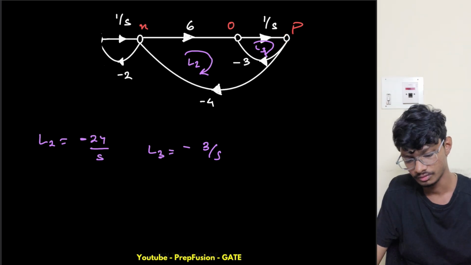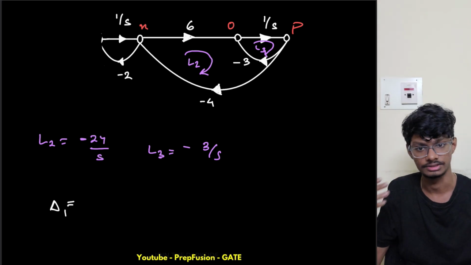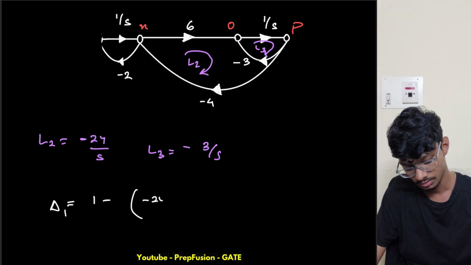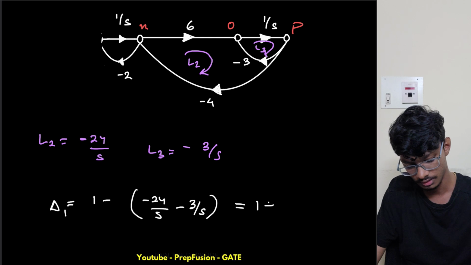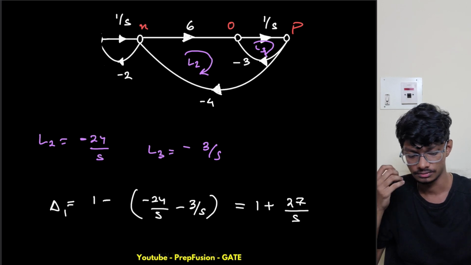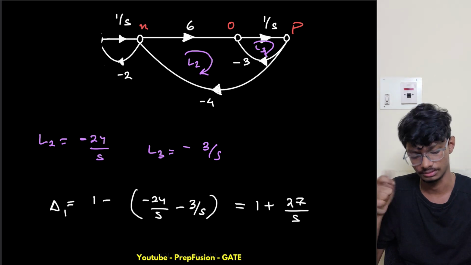So basically what we will do is end this here and find delta 1, which is the associated loop gain factor. So 1 minus 24 by s minus 3 by s equals 1 plus 27 by s. So yeah, this is the associated loop gain factor for case 1, right?